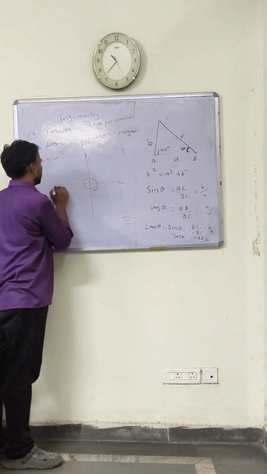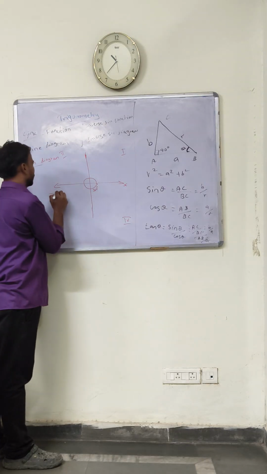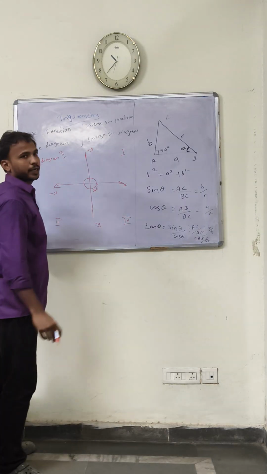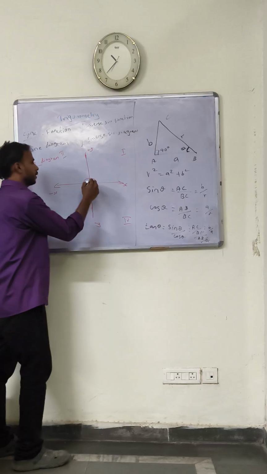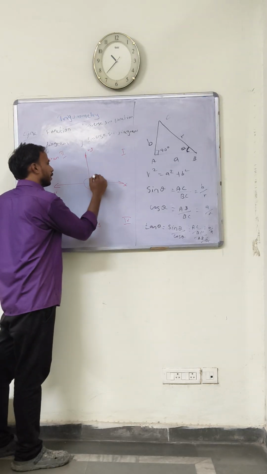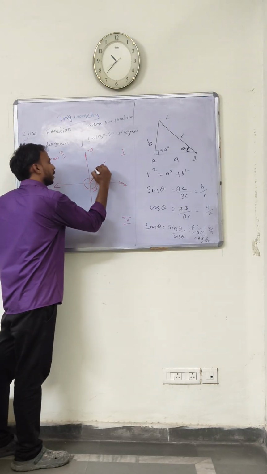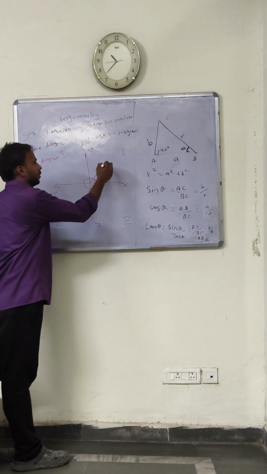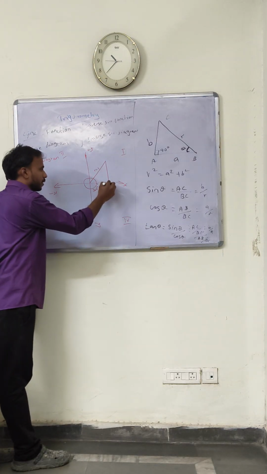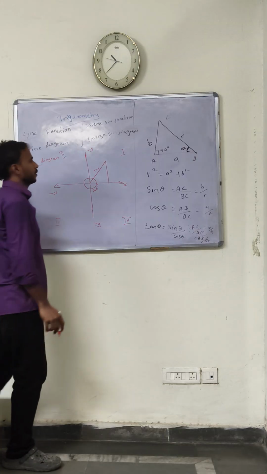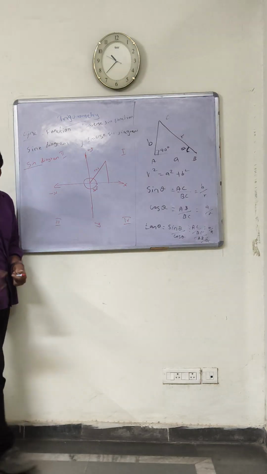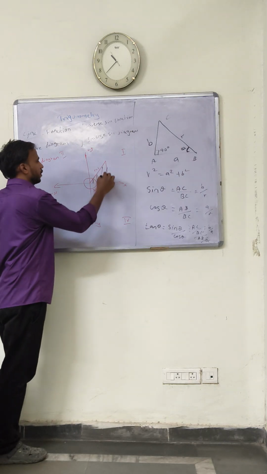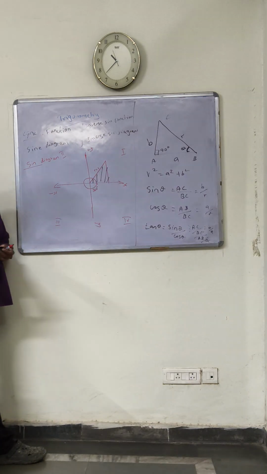here, we consider this as x-axis, minus x, plus y, minus y. We may consider it like this. So here, now I am drawing a unit radius circle diagram, right? So now this looks like a right angle triangle.